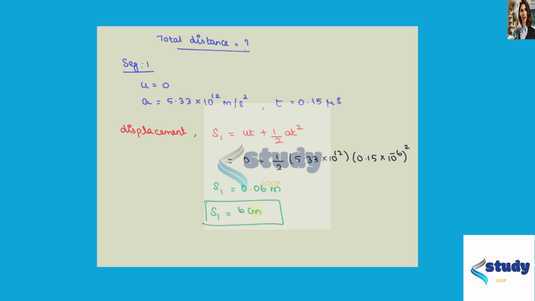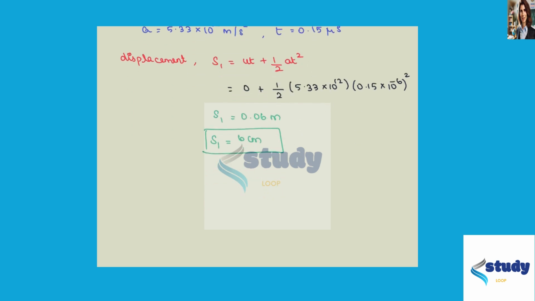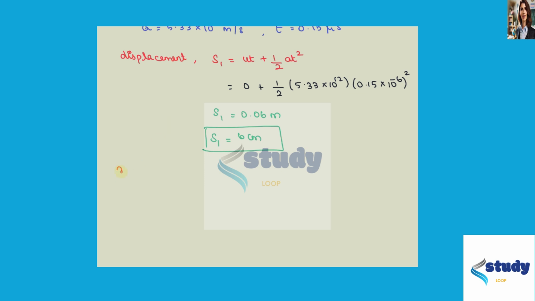Now I am finding the final velocity of this segment. So we know that acceleration, a, is equal to rate of change of velocity, which is nothing but final velocity minus initial velocity divided by t, and here I am going to find the final velocity, that is v is equal to u plus at.